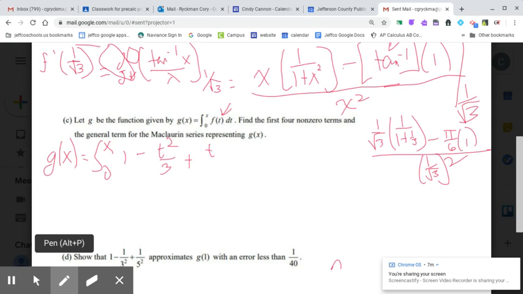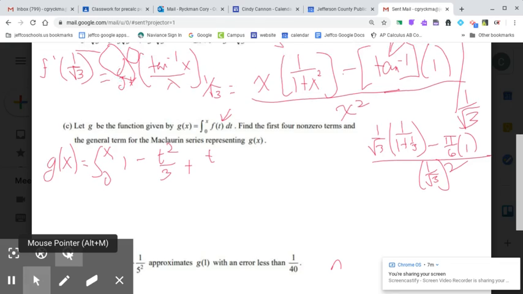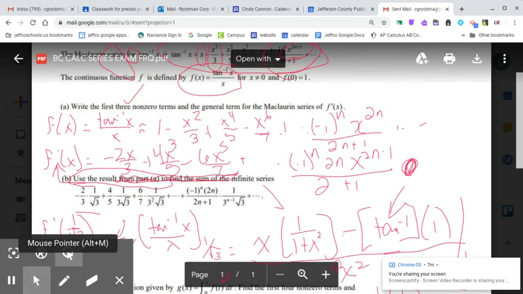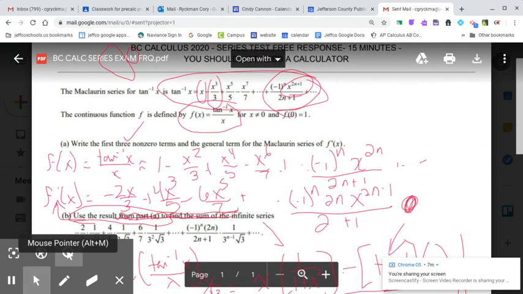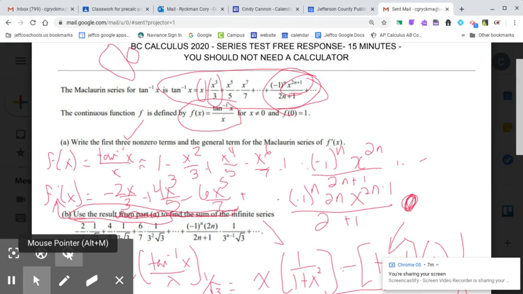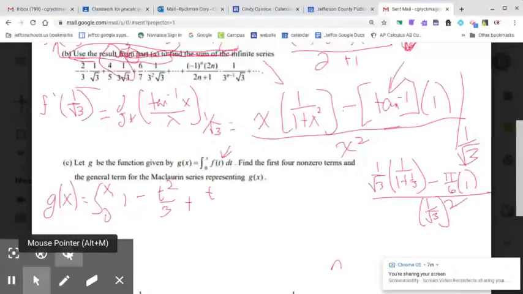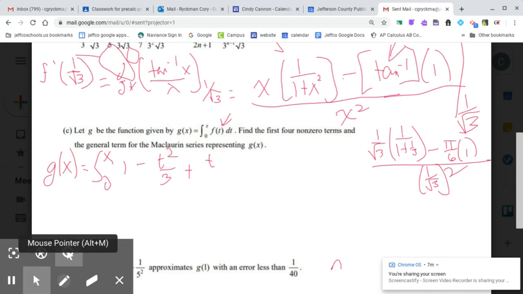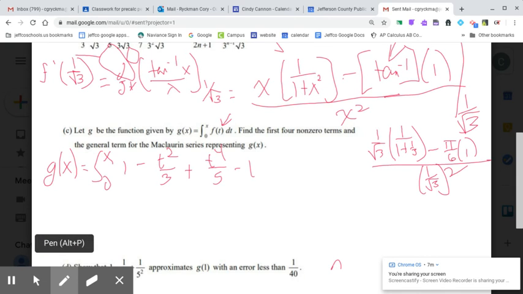t to the fourth over 5 minus t to the sixth over 7, okay. So the power on the top is even over 5. It's alternating, 6 over 7.